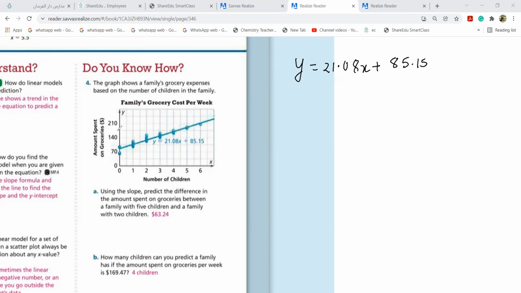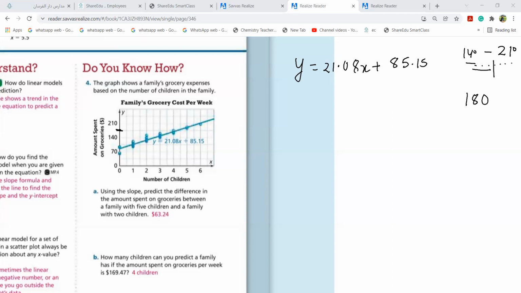Amount spent, almost like between 140 and 210, exactly in the middle, so 180. 180 is for 5.